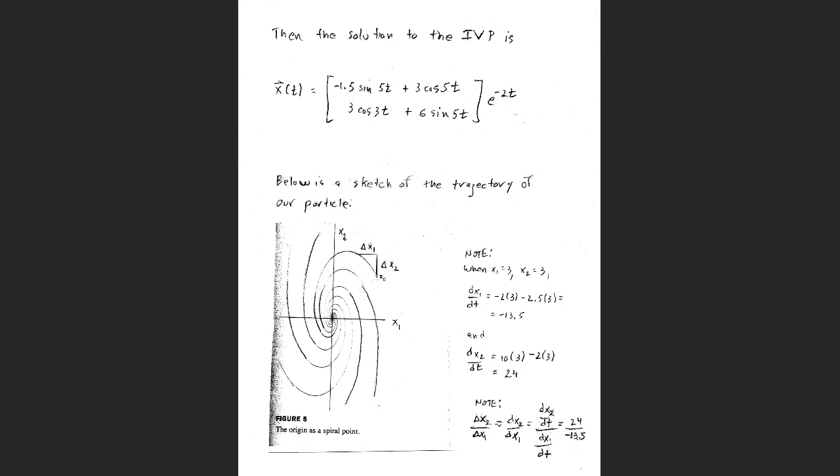The vector x of t, remember, consists of two functions, x1 of t and x2 of t.